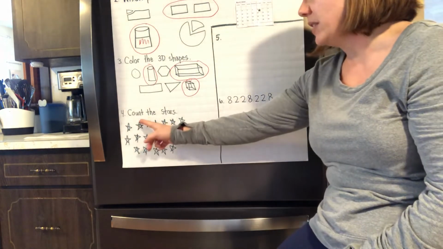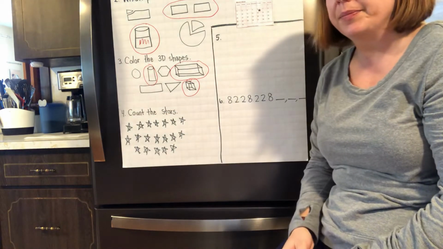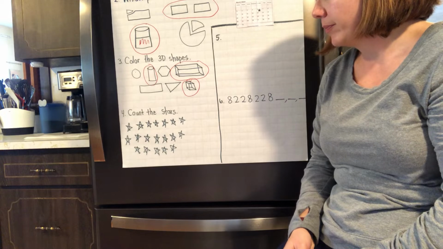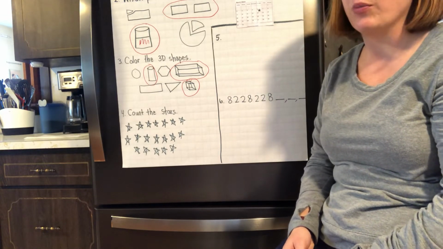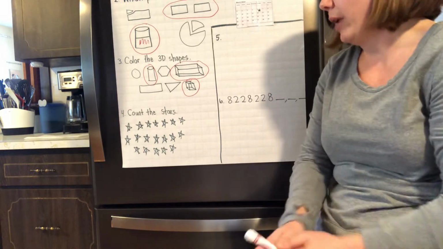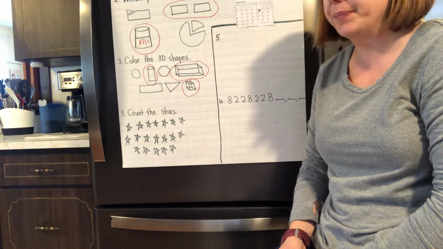Our next problem says, count the stars. So here's all the stars. If you're doing this by yourself at home right now, make sure you're crossing out the stars as you count them. If you don't have a paper, make sure you're waiting for me so you can do a careful counting with me.